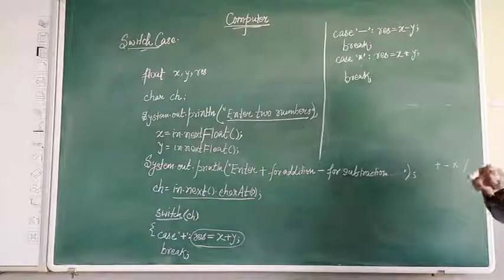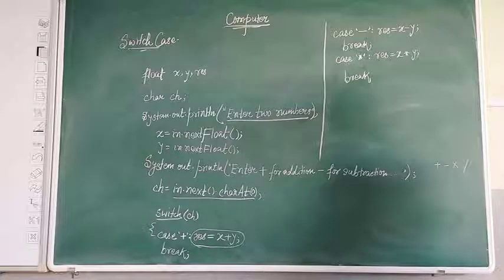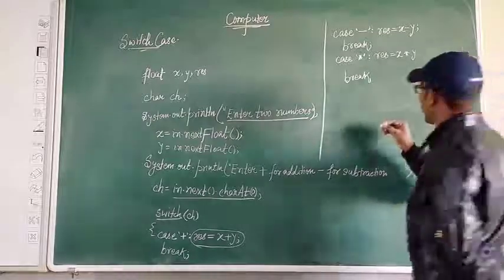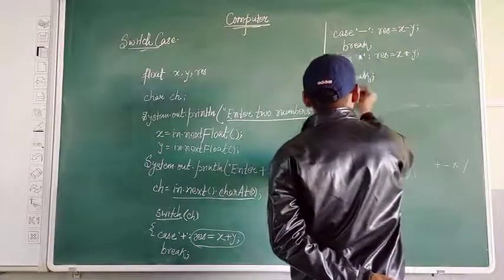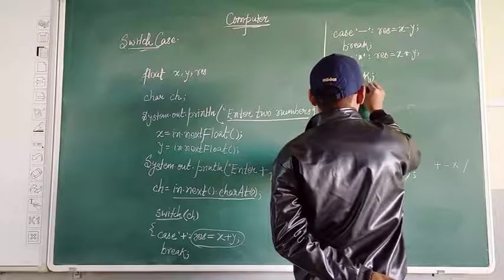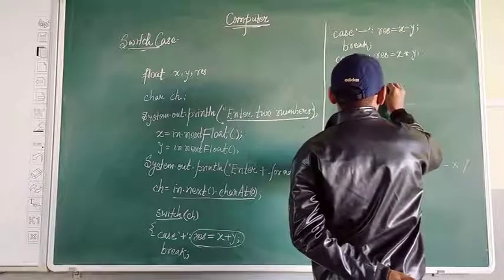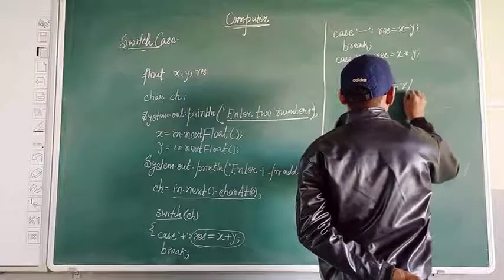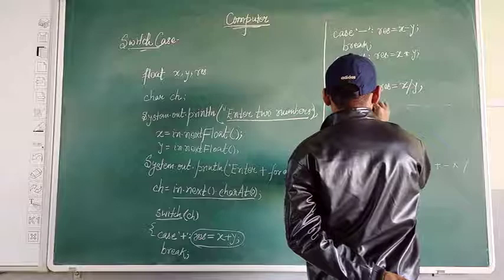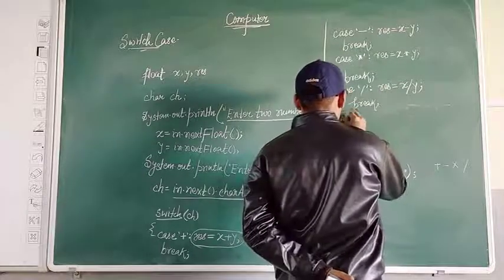The user will check where this star mark is and enter it. In computer it is known as asterisk. Understood? Result is equal to this. Clear? Break. After that, case division symbol, result is equal to x by y. After that, default.